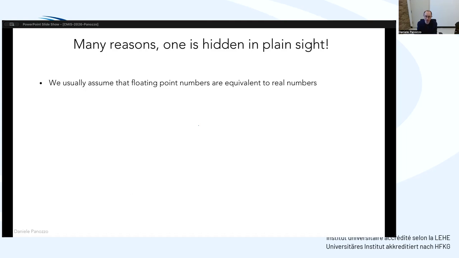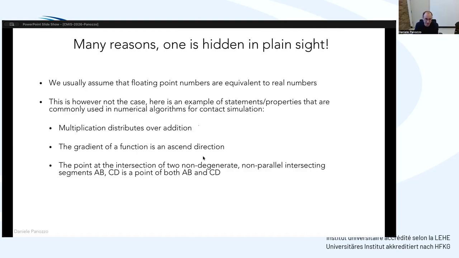Unfortunately, when we end up implementing numerical methods, we cannot use real numbers, or technically we can, but it's going to be computationally unfeasible, way too slow. So we usually switch to floating point. The challenge is that when you do this switch, there are many properties of real numbers that do not apply anymore. Just to make sure we are all on the same page, multiplication does not distribute over addition anymore.